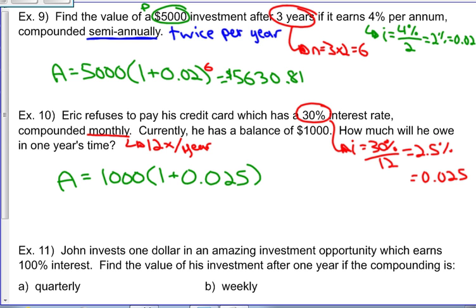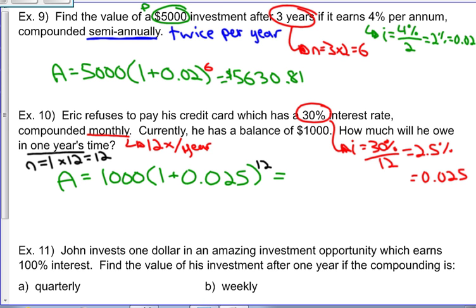Now let's figure out n. He goes for 1 year, but it's compounded 12 times. So how many compounding periods is that? Well, it's pretty straightforward. That's 12. Okay, if he leaves it alone for 1 year, it'll be calculated 12 times, or once for every monthly bill.